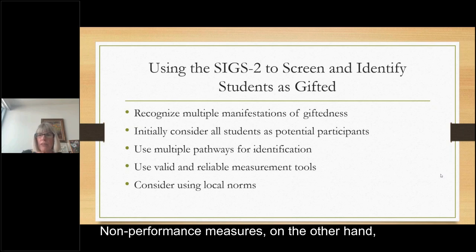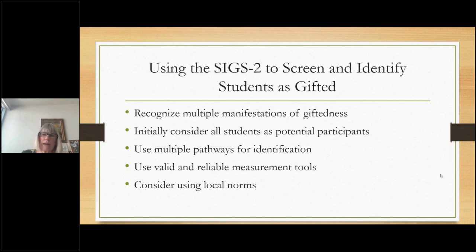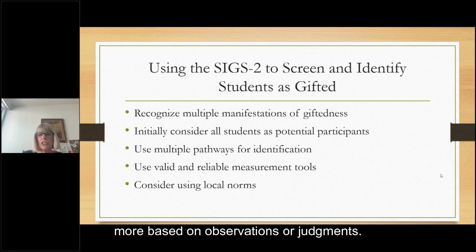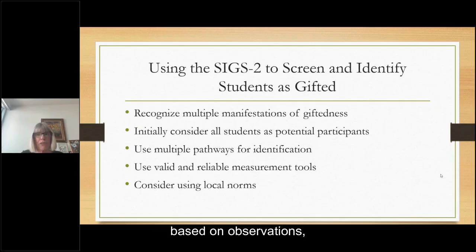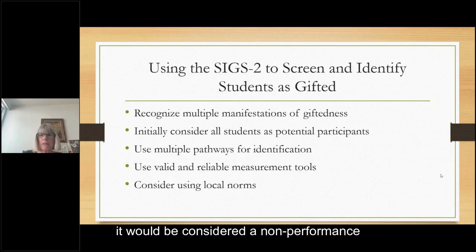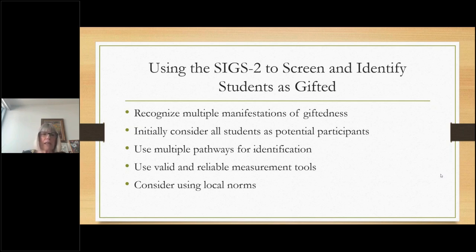Non-performance measures, on the other hand, are more based on observations or judgments. And so the SIGS-2, which is a rating scale based on observations, would be considered a non-performance measure. You'd want to use both types of measures in any identification system, because it makes your identification stronger, and it gives more pathways for a student to enter into the gifted program.